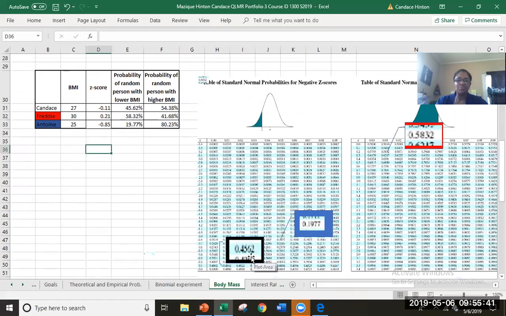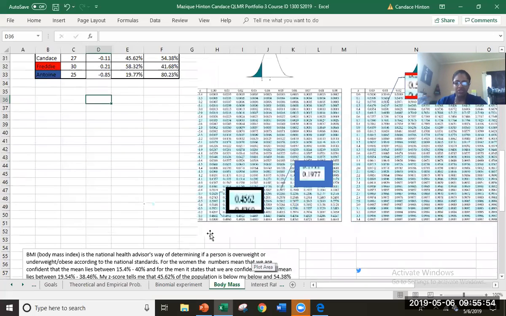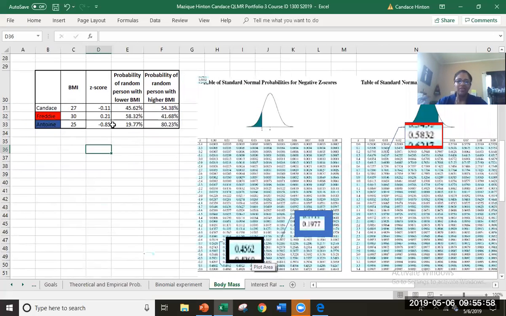My score was negative 0.11. So here I am, I went to my chart and found me. I'm 0.4562. So that tells me 45.62% are lower than me and 54.38% are higher than my Z-score.